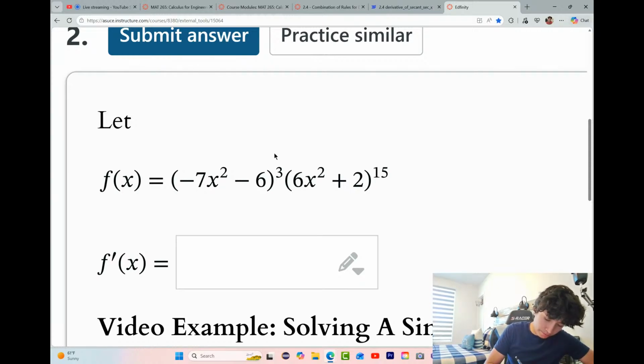That's going to be negative 14x. I think that's it. Times the derivative of the outer function evaluated at the inner function. So it's going to be 3 times negative 7x squared minus 6 to the power of 2. I see. Okay.